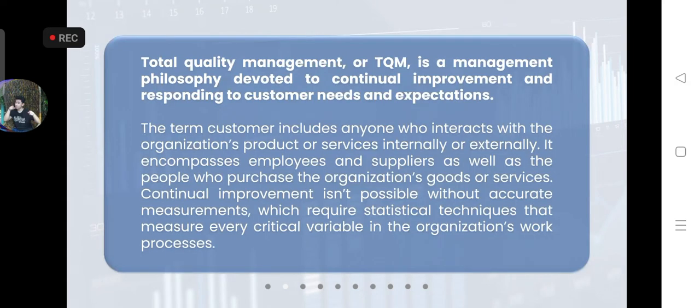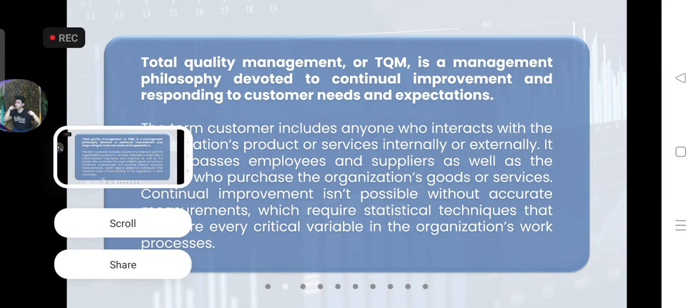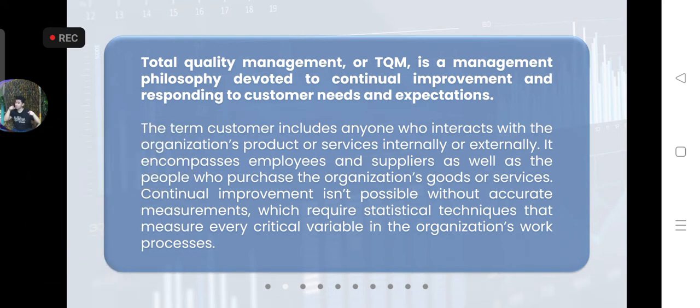Total quality management, or TQM, is a management philosophy devoted to continual improvement and responding to customer needs and expectations. The term customer includes anyone who interacts with the organization's products or services, internally or externally.